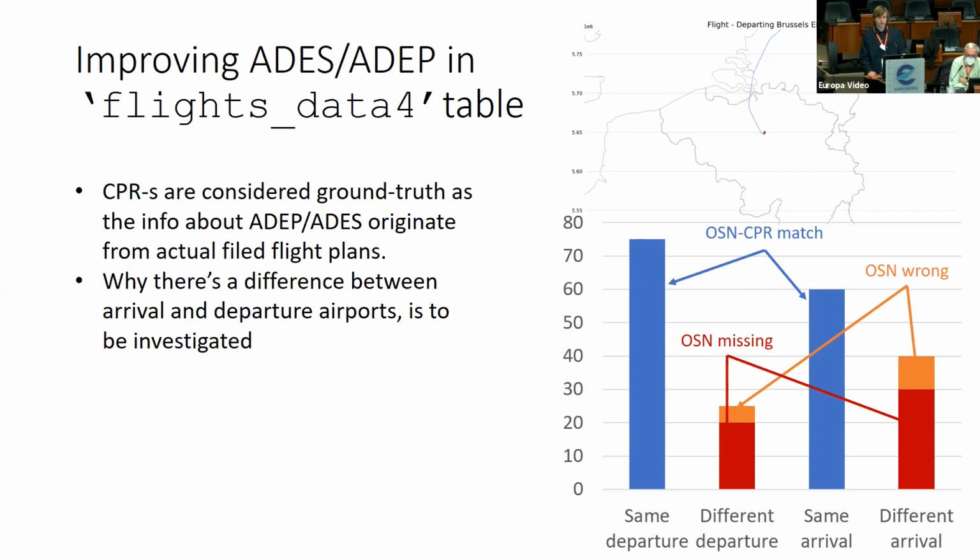And out of those 25% that are missing, a majority is due to the fact that we probably don't have coverage, and we've not even taken a shot at estimating the departure airport. And the small portion that is left from those, which on the bar plot you see in yellow, is where OpenSky has gotten it wrong.